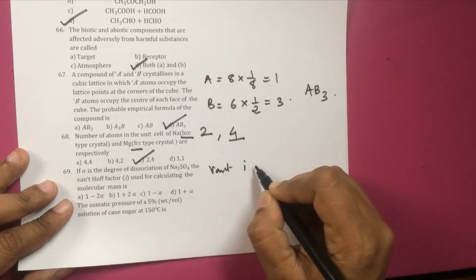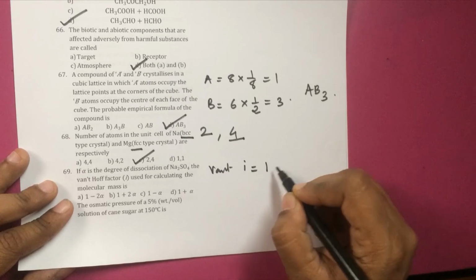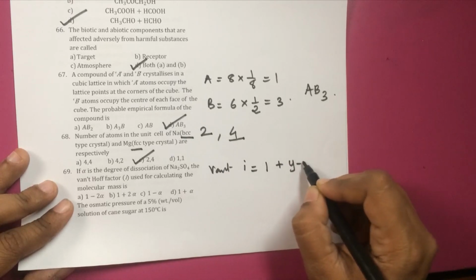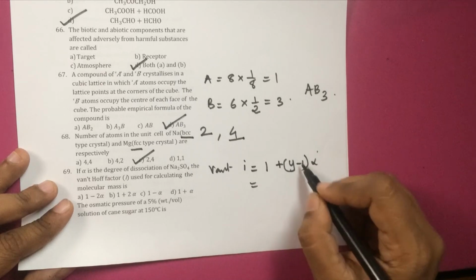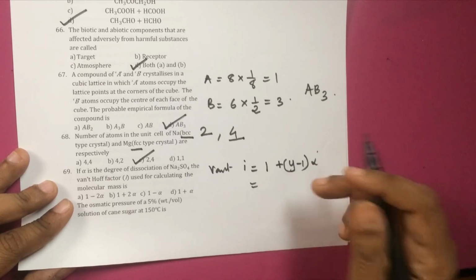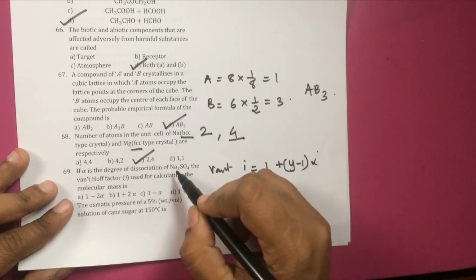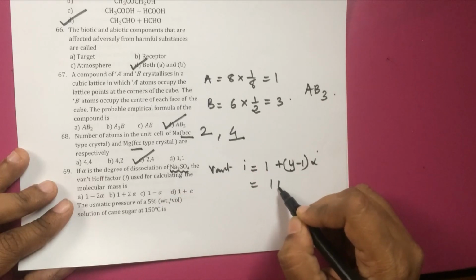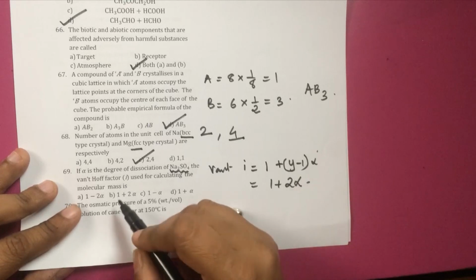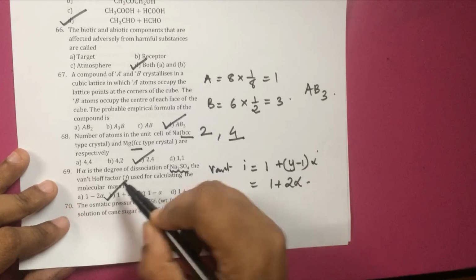The Van't Hoff factor i equals 1 plus (y minus 1) alpha, where y is the total number of ions formed. Na2SO4 gives 3 ions, so 3 minus 1 is 2. So 1 plus 2 alpha, therefore option B.